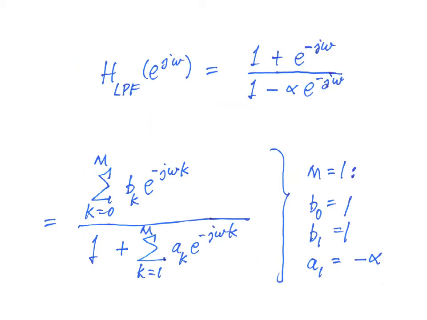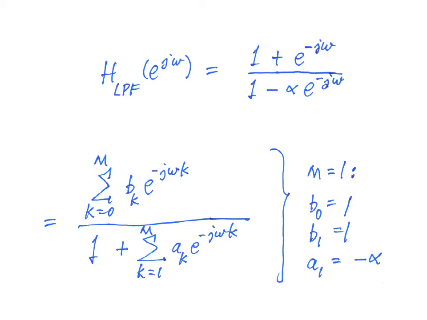You will note that this matches the general form of transfer function for difference equations that are causal that was presented in the previous lecture. The general form shown here below for an mth order difference equation, in this case m is equal to 1, you only look back one sample in time, has the coefficients b sub k and a sub k defining the difference equation and hence defining the frequency transfer function.